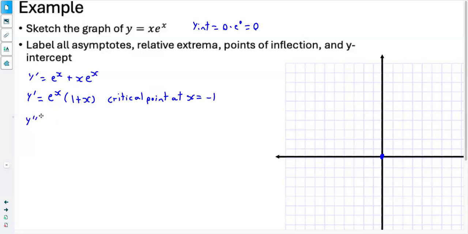We'll then take our second derivative. So we'll go back up to this one to do our second derivative. So our derivative of e to the x is e to the x. Then we've got our derivative of x is 1 times our second term, so e to the x, plus our first term times our derivative of the second term. So this is our new function. We can simplify that a bit though because that's 2e to the x plus x e to the x. We can factor an e to the x out of all terms.